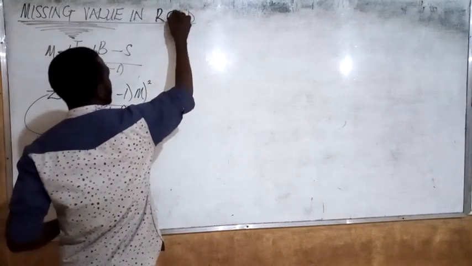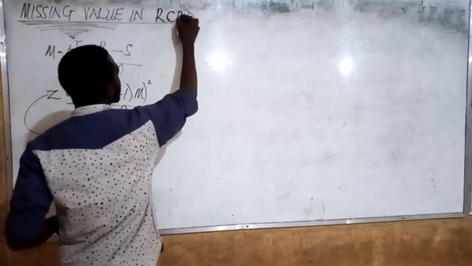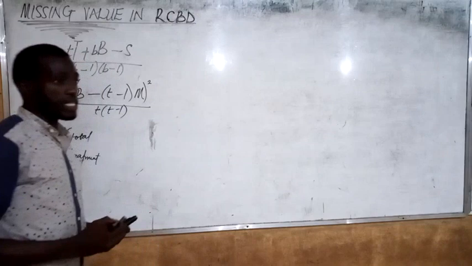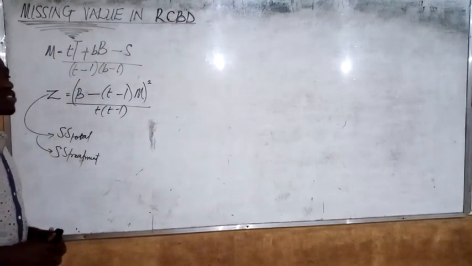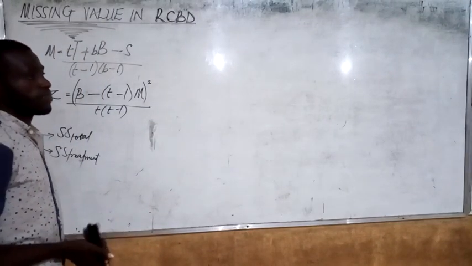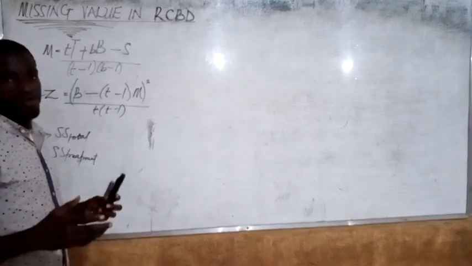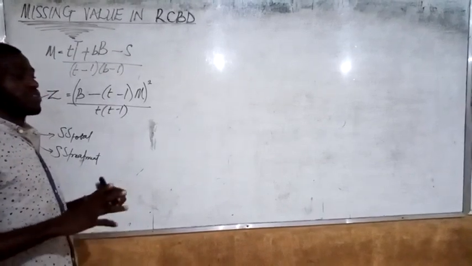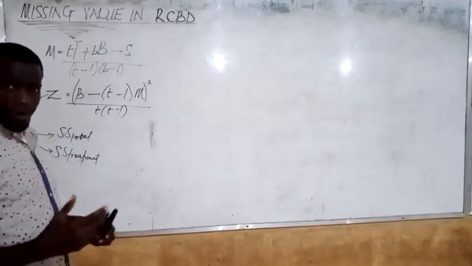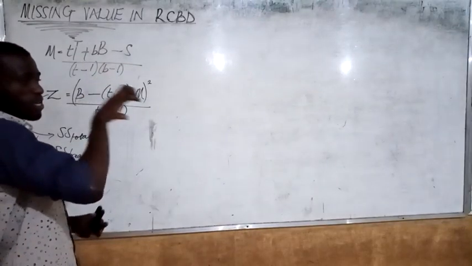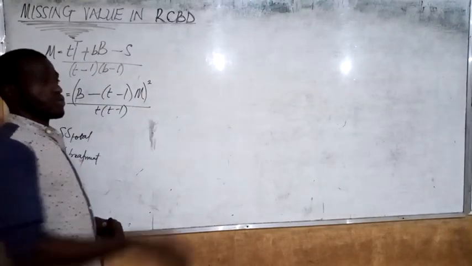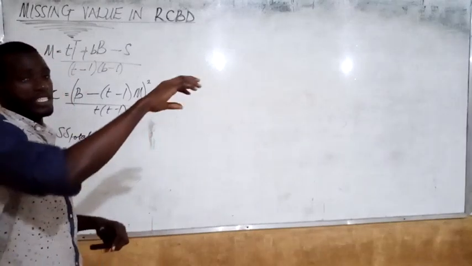That's the first reason. And secondly, the block is already variable enough. We know that there is always going to be variability, because why is there a block? The blocking is as a result of heterogeneity in your experimental unit.